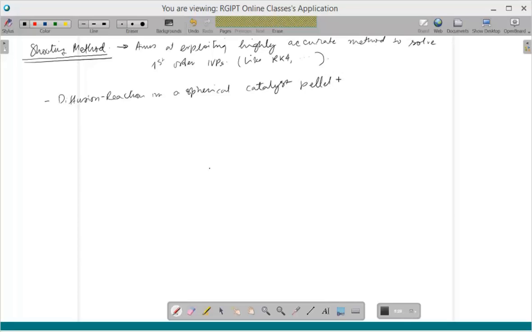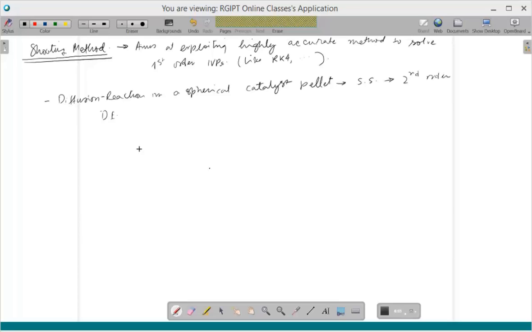Here you had the steady state condition. Of course, we're looking at steady state, and if you check back your notes, it gave you a second order differential equation. The solute is diffusing as well as reacting inside the catalyst particle, and its concentration follows a second order ODE if you do the mass balance.